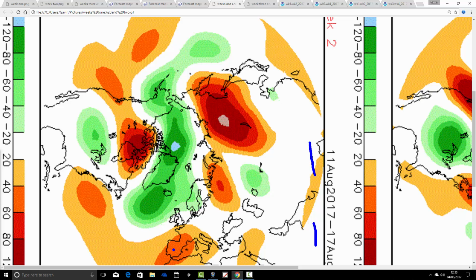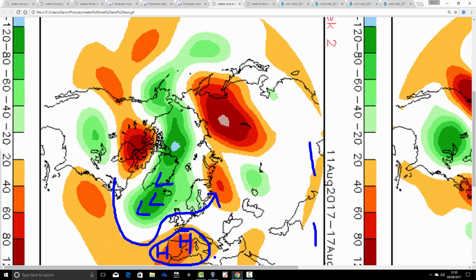This is a little bit more like what the shorter range models, ECMWF and GFS, are showing. So we've got low pressure, below average heights, out to our north and northwest, but we are strengthening this ridge down to our south. Now, this isn't particularly settled because we are still getting an influence from the jet stream, albeit it's being pushed northwards. But for the south anyway, we are closer to this strengthening area of high pressure, which is an extension from the Azores high, really.